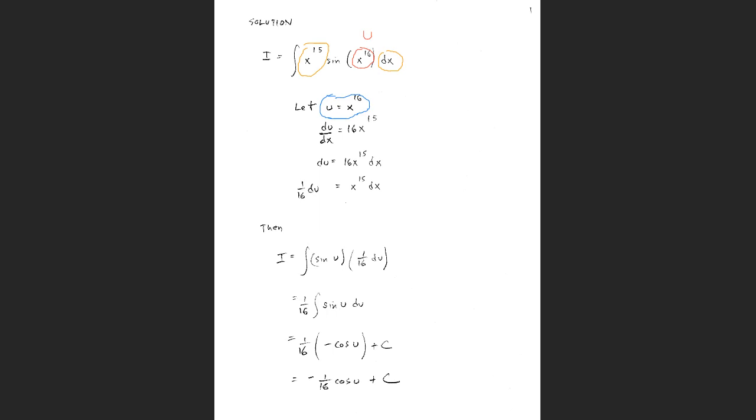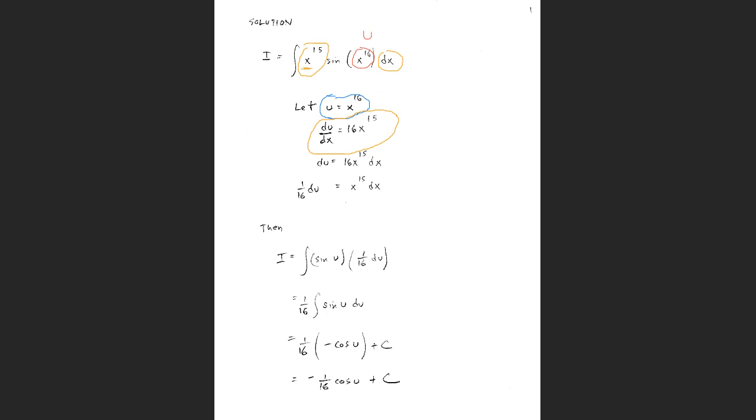Well, if u is x to the 16th, then du dx would be, by the power rule, 16 times x to the 15th. Well, I have just an x to the 15th here.